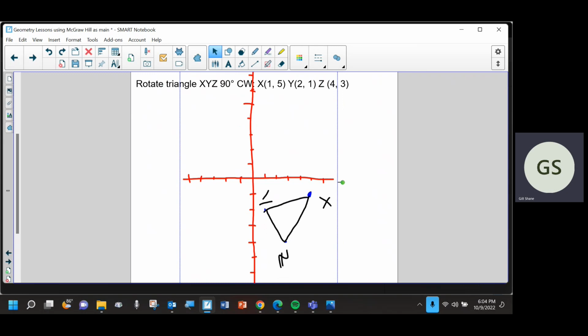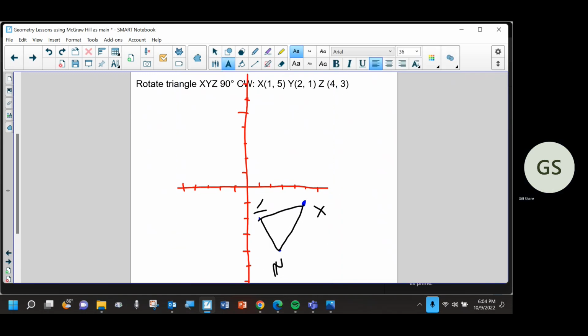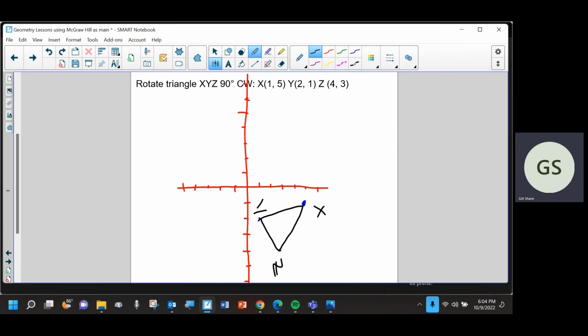Again, the X axis is just a normal left and right X axis. Y is just a normal up and down axis. So my X prime is exactly where that X point is in my new image. So it's at 5, -1.